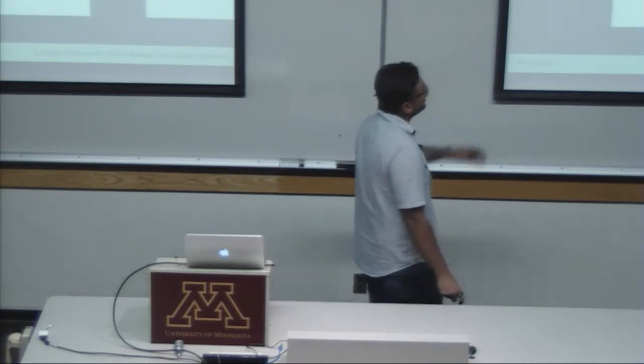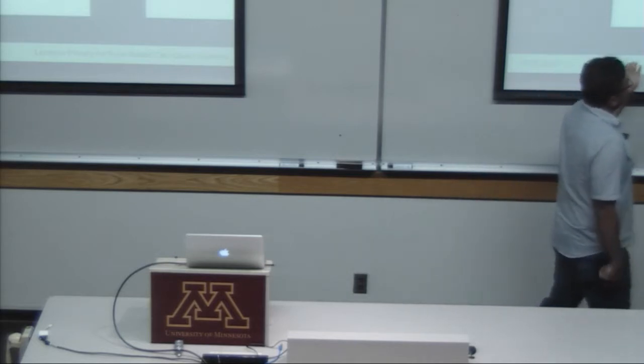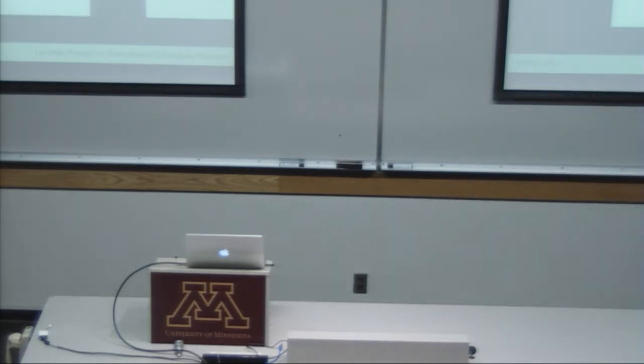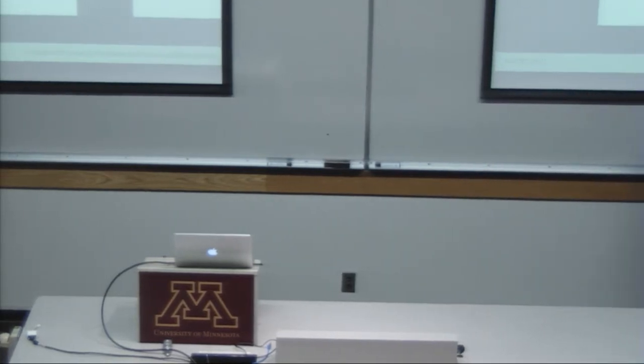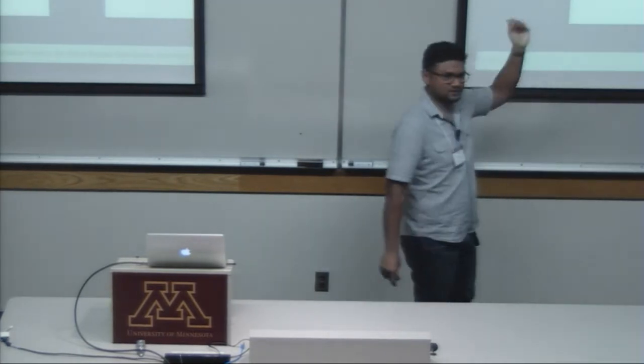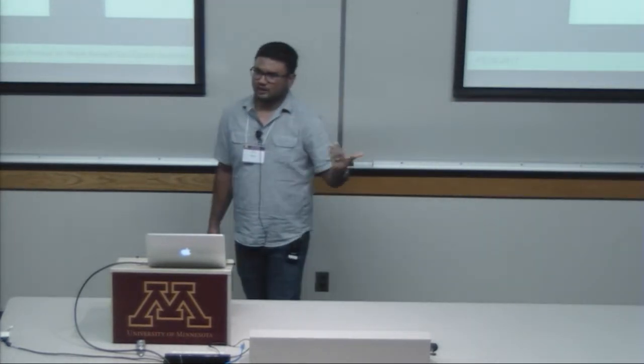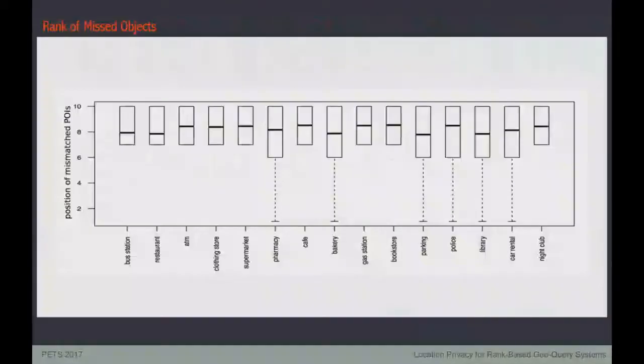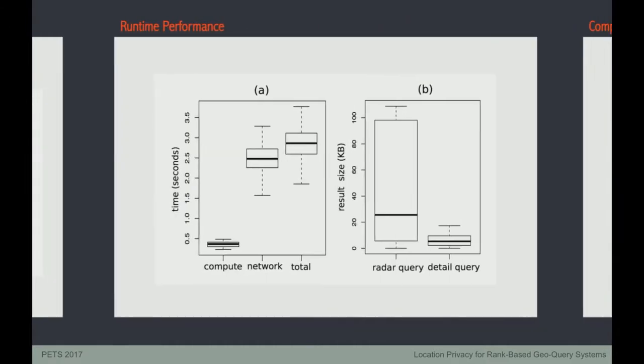The point to take is that the chances of getting 8 or more matches reach levels like 95%. So 1 or 2 misses can happen. When you do miss, the misses happen mostly in the lower ranked results. It's not that you miss higher ranked entities, and that's what we are trying to show here. This is the rank of the missed objects.